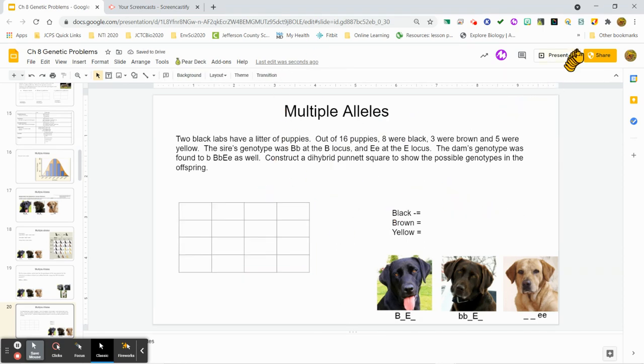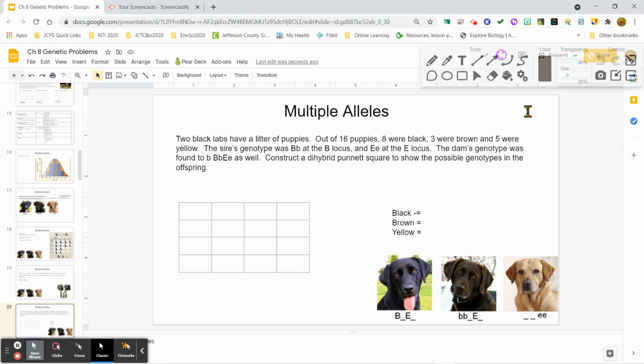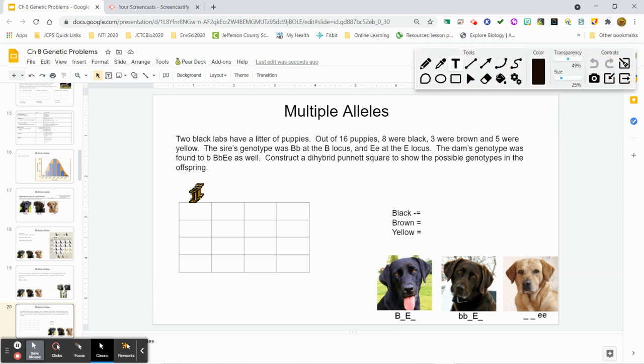So now I'm going to go to here. This is going to be big E, big. And both of these parents are the same, so they should be the same.